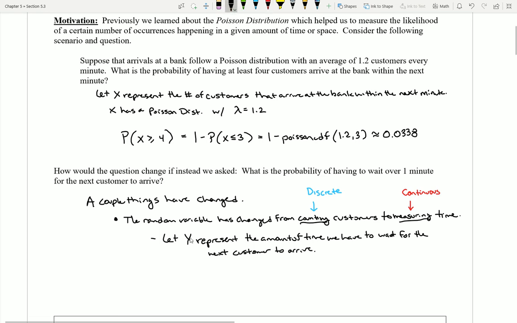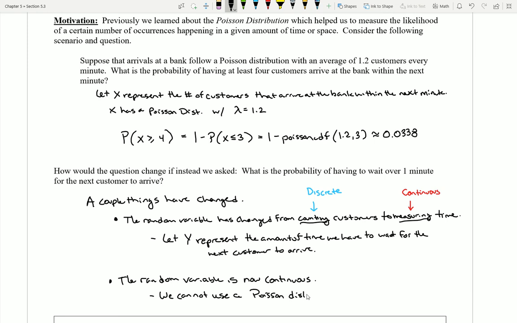So by changing this question, we can see that the random variable is now continuous. If my random variable is continuous, then I should note that we cannot use a Poisson distribution anymore.